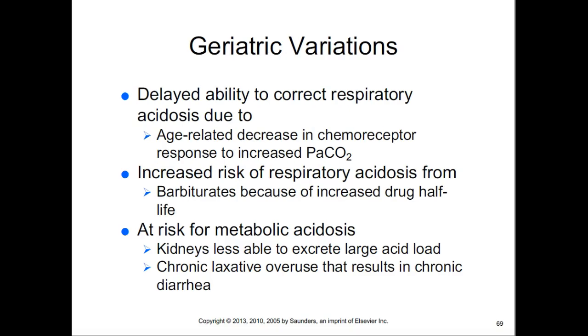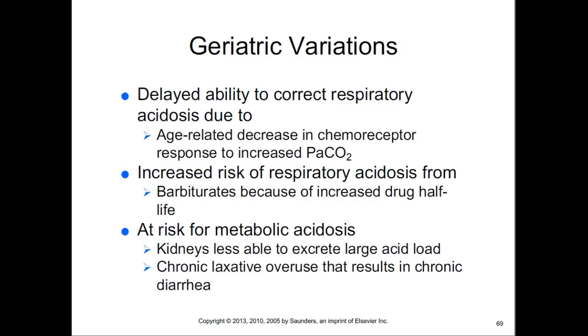And then geriatric variations: usually a delayed ability to correct for respiratory acidosis because their chemoreceptors are a little decreased due to age, so they don't respond as quickly to decreases or increases in the partial pressure of carbon dioxide.